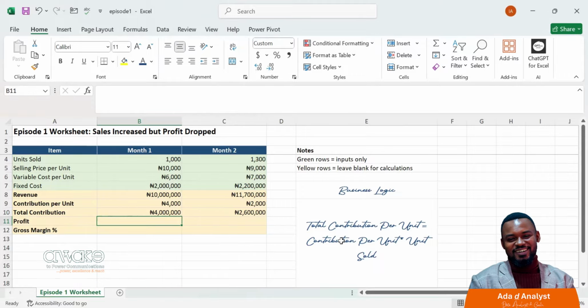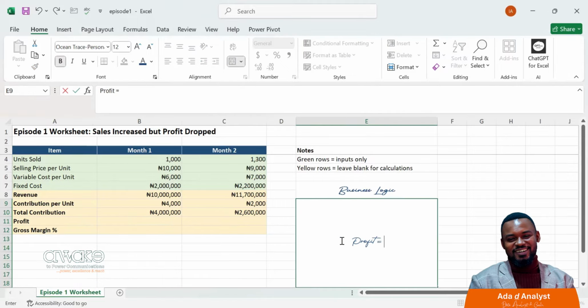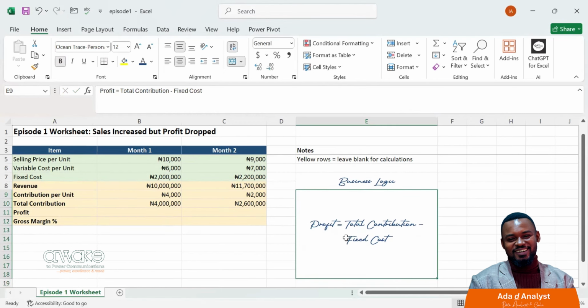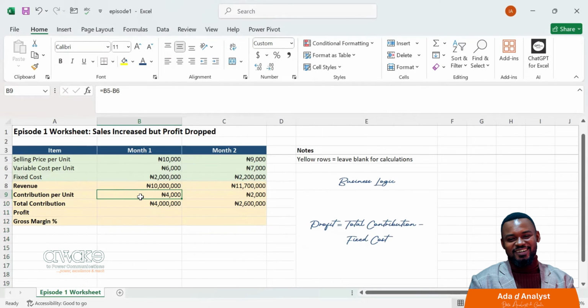So we'll now say profit is equal to total contribution minus fixed cost. Total contribution minus fixed cost. And why did we simply say total contribution minus fixed cost? That is because our contribution per unit was our selling price minus our variable costs.